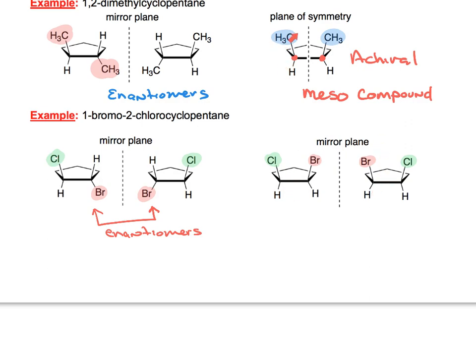Where in the above case, you can see because we had identical groups, that's where the symmetry is coming from. In this case, these compounds are not symmetrical, and they are also not superposable on one another. So these two compounds are non-superposable mirror images, so therefore they are enantiomers.